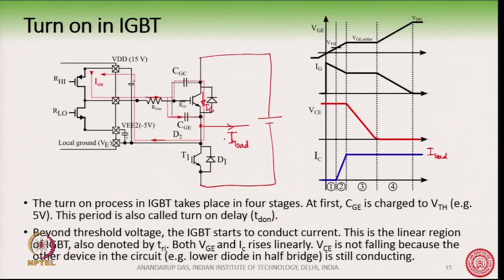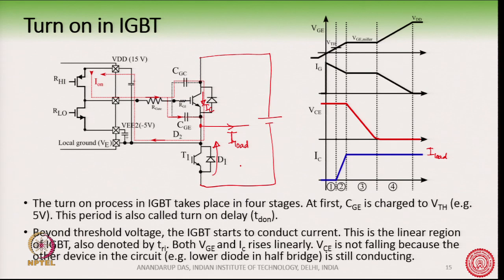If you think that the load current is a big current source, then if the IGBT has not taken up the full load current, the rest of the current must be flowing through this diode, because the load current is a current source and the total current should be constant.